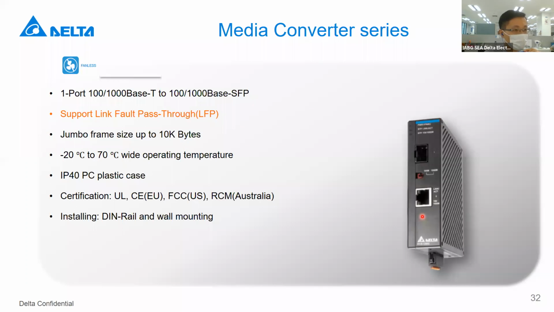As we know, the normal Ethernet cable distance is a maximum of 100 meters. But if the distance is more than 100 meters, you might need this kind of media converter.